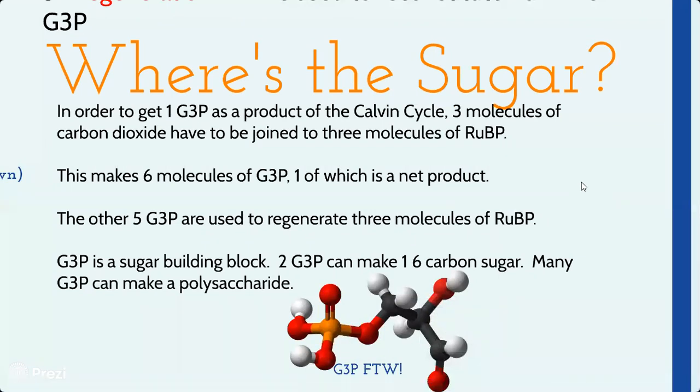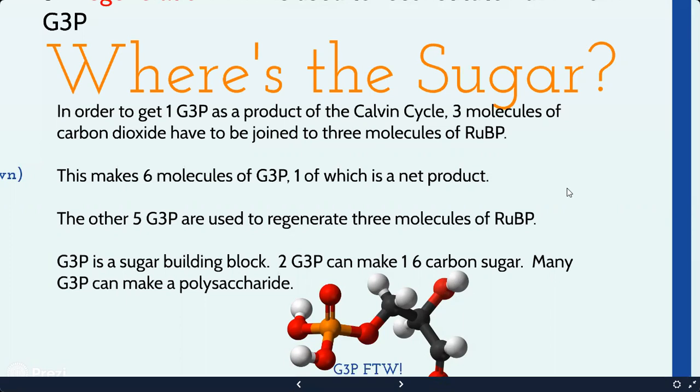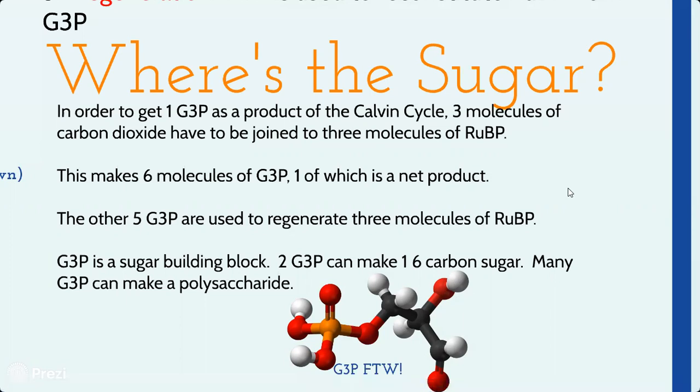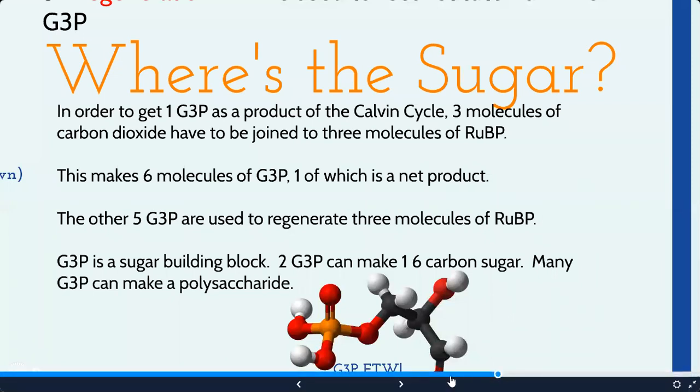So you have to make 6 G3Ps. Go around the cycle 6 times for you to make one sugar. And then from there, outside of this cycle, the plant can use that sugar for cell respiration and make ATP again, or it can chain it up with other sugars and make disaccharides or polysaccharides, depending on what's needed.